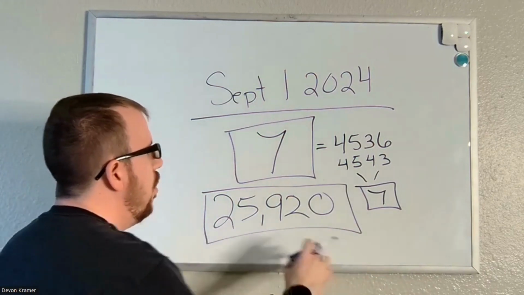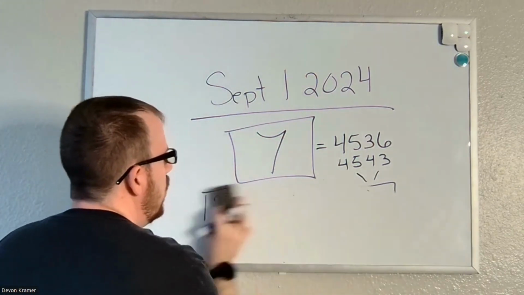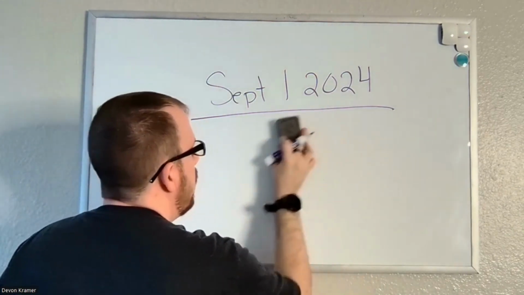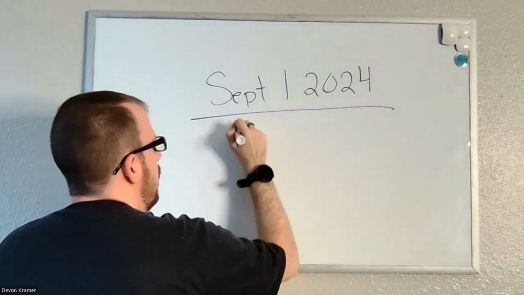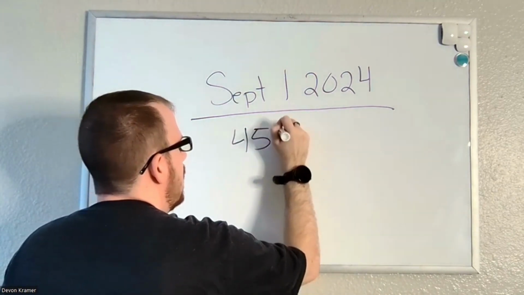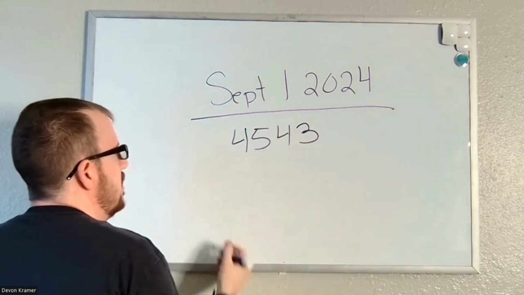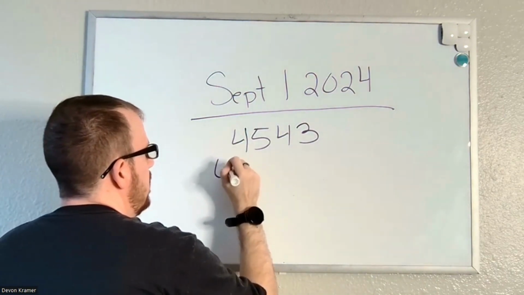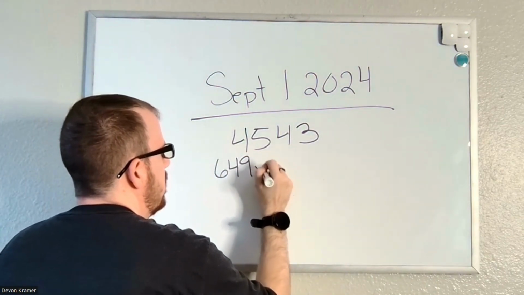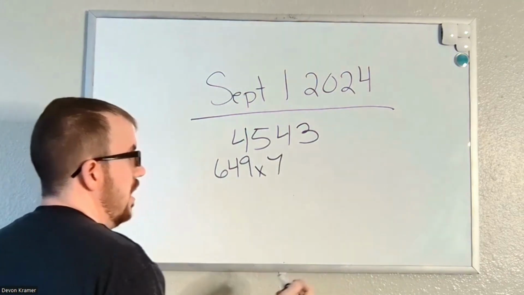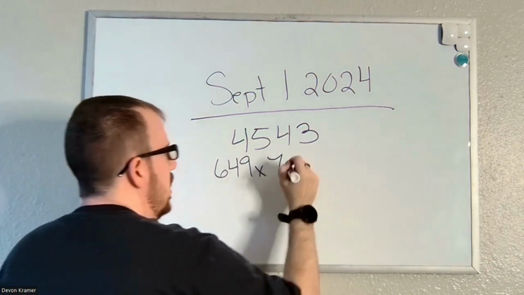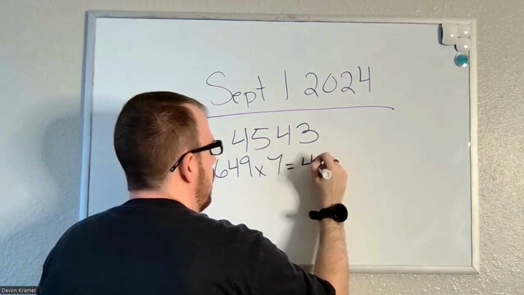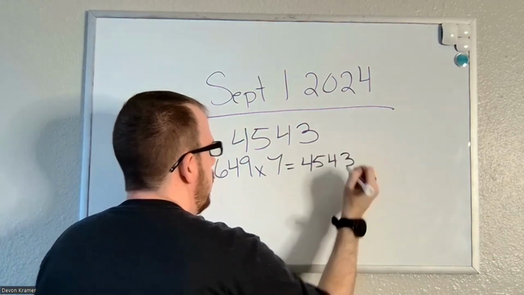Because when you see the whole entire cycle, that 4,536, or 4,543, is going to be divided into 649 years times 7. Okay, so that right there already ends up giving you 4,543.